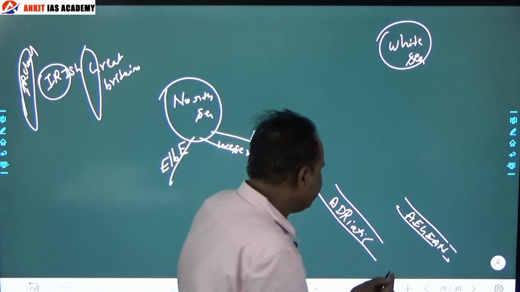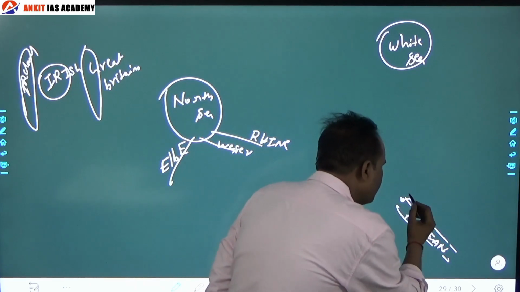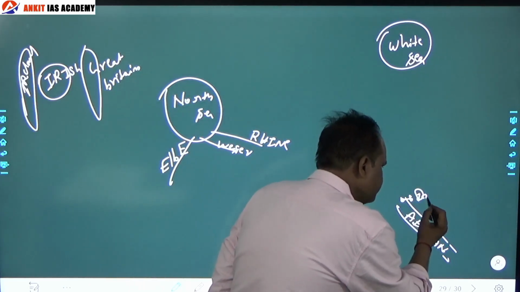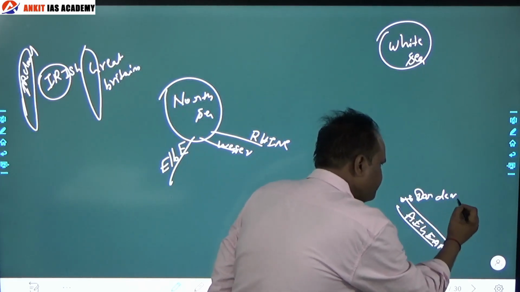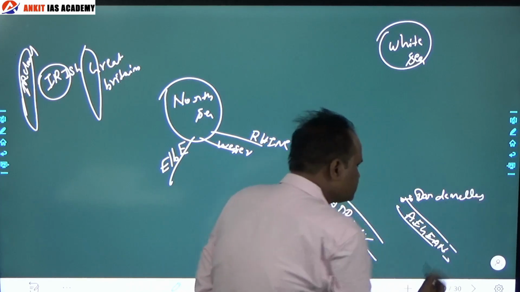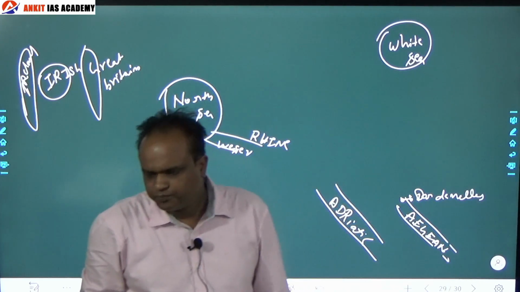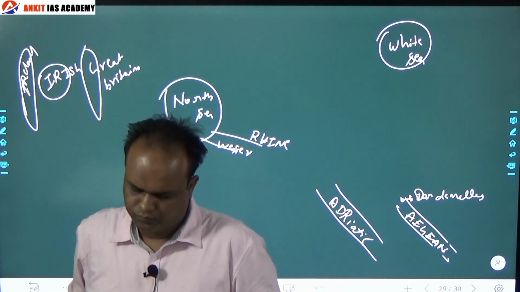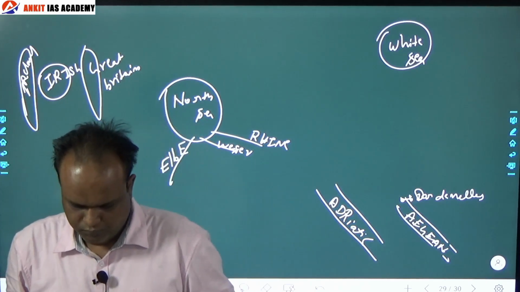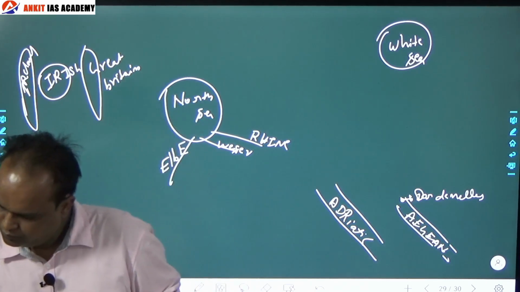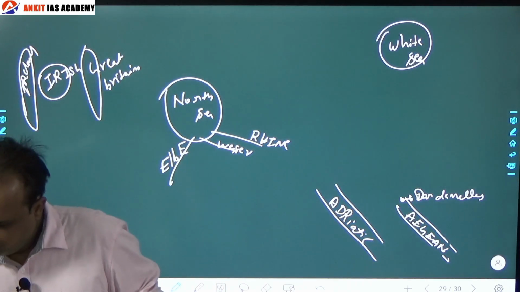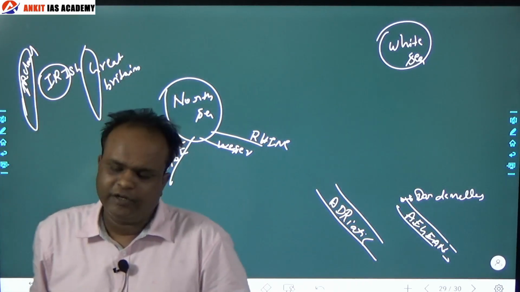So just remember, this is the location of the Strait of Dardanelles. Aegean Sea, note down. Located to the eastern side of Greece.